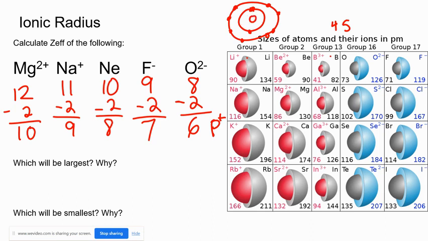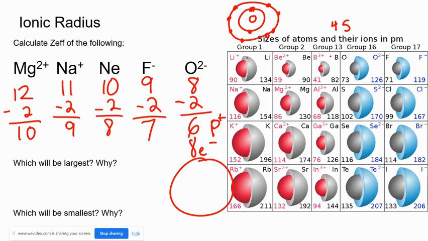This has become O2-because it's added 2 electrons. So how many electrons in the outer ring are these 6 protons, our effective nuclear charge, pulling on? 8 electrons. Because of that, it's not going to be able to pull as hard because it's got too many things to pull in. So this radius is going to be big compared to what oxygen would normally look like.